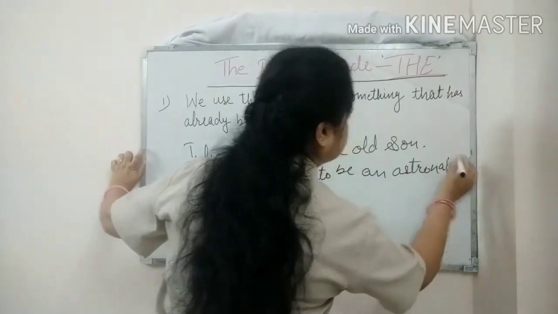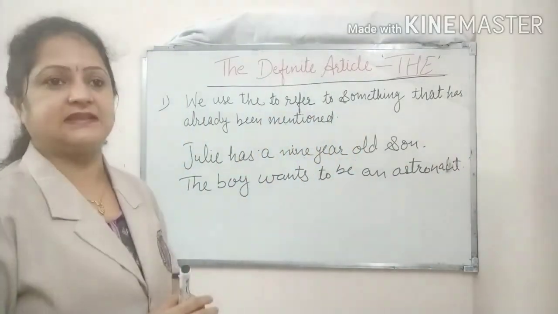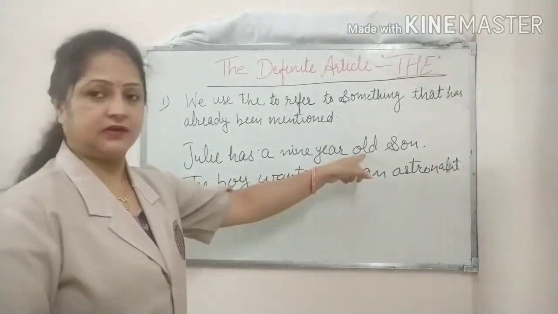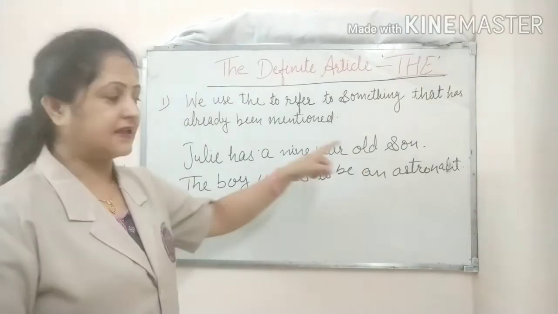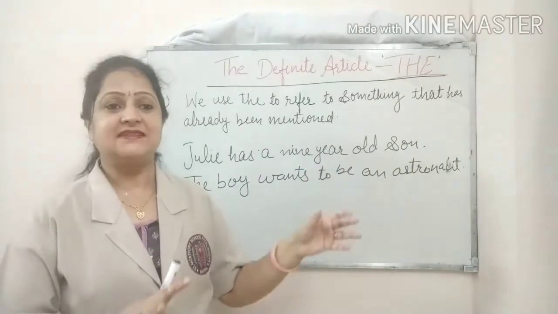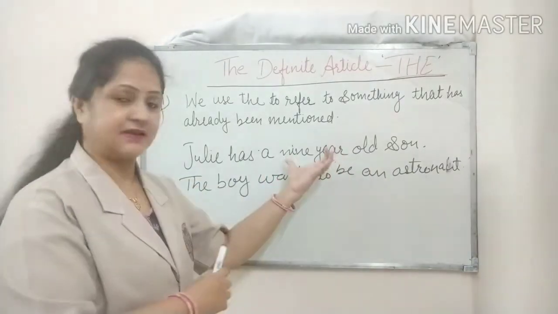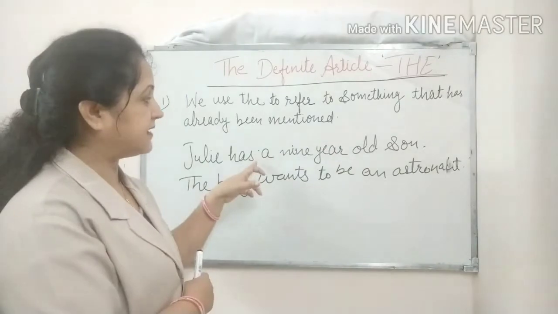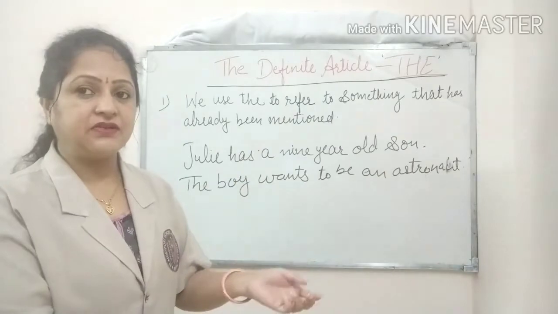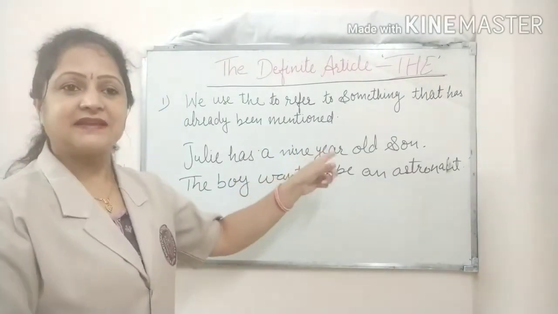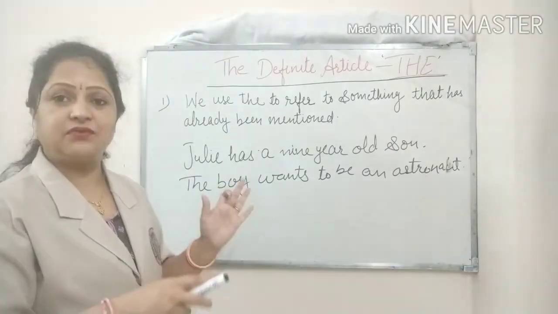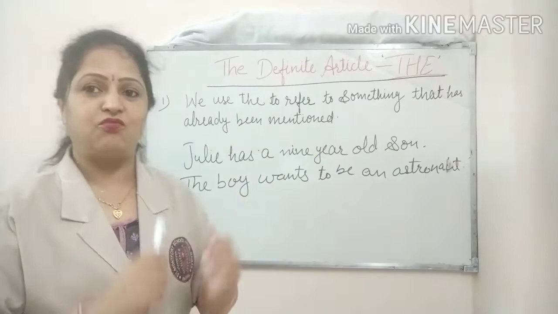Here we can see that in the first sentence I say a 9-year-old. Why? Because you don't know him yet. But once I have introduced him to you, in the second sentence I say the boy, because now you know which boy I am talking about.